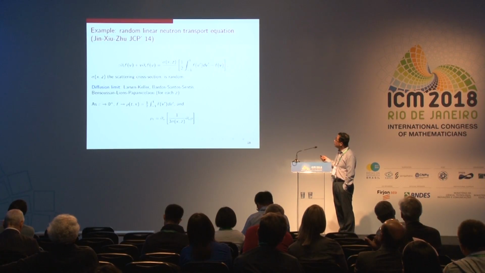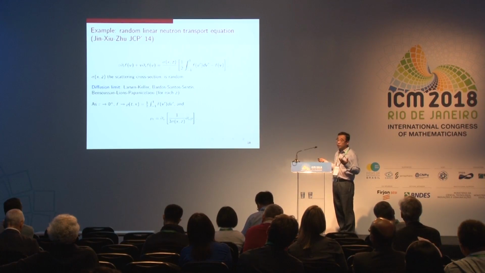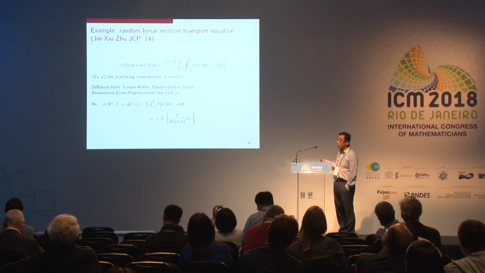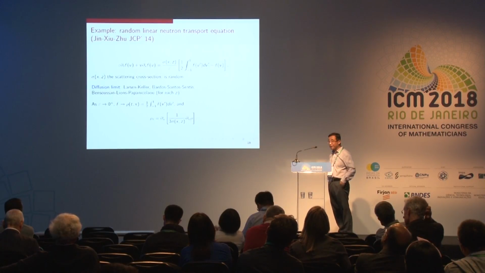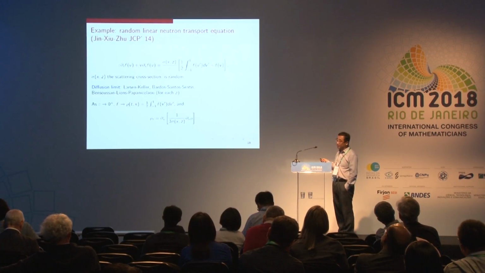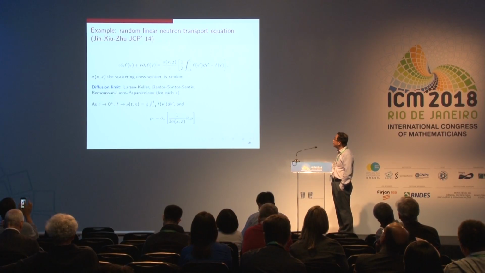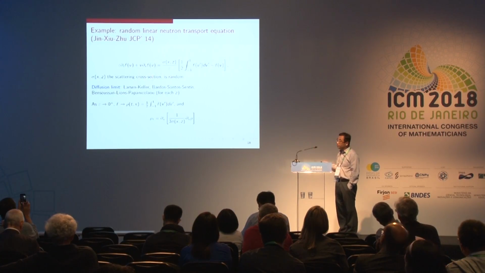So this is the loss due to the collision, and this is the gain due to scattering collision. So it's a non-local operator. All right. So sigma is the scattering coefficient. Remember I had this computational data. That's the sigma. All right. So sigma clearly depends on x, but it may also depend on uncertainty. So epsilon is the Knudsen number. All right.